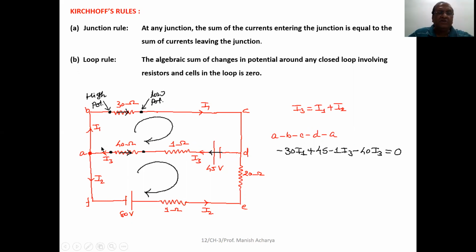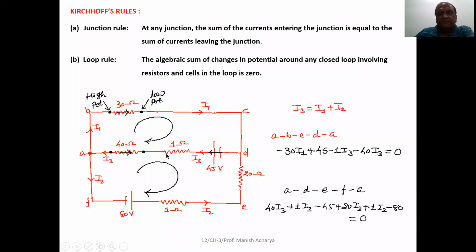See, the direction of the current is B to A, and you are also moving B to A. So the potential difference across the 40 ohm is taken negative, so minus 40 I3. Now the algebraic summation of the potential differences is equal to 0 in this loop. This is the loop rule. Clear to all of you?